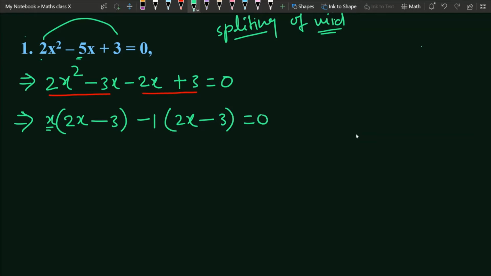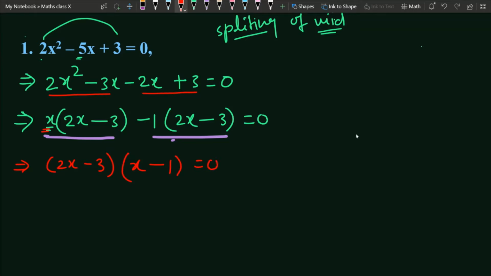Now this is one term and this is another term. We will take 2x minus 3 out, and what remains is x minus 1 is equal to 0.